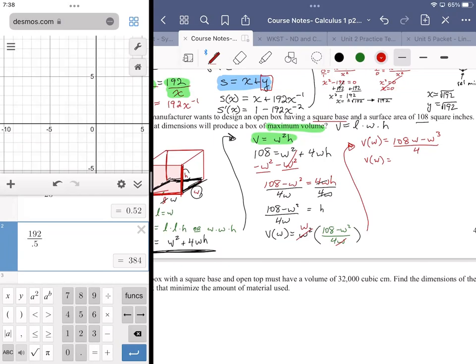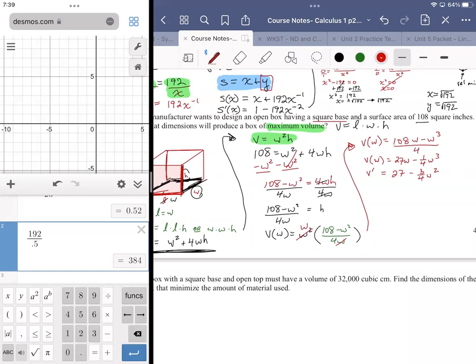Divided by 2 again is 27. So 27W minus 1/4 W cubed. So taking a little time in the early going to simplify your expression makes it so much easier to find the derivative. So V prime is going to be 27 minus 3/4 W squared.